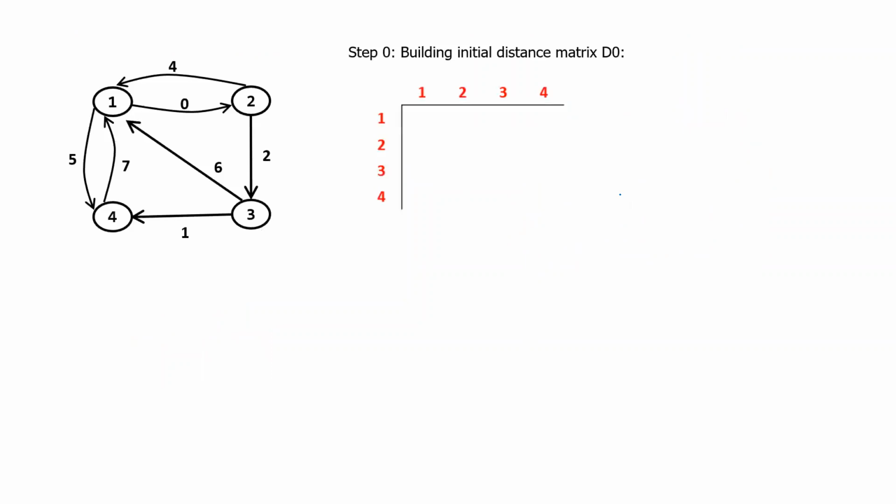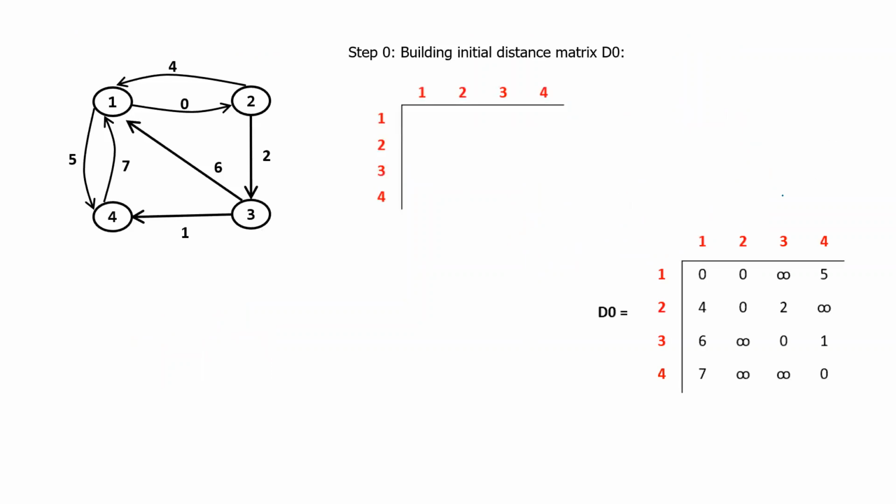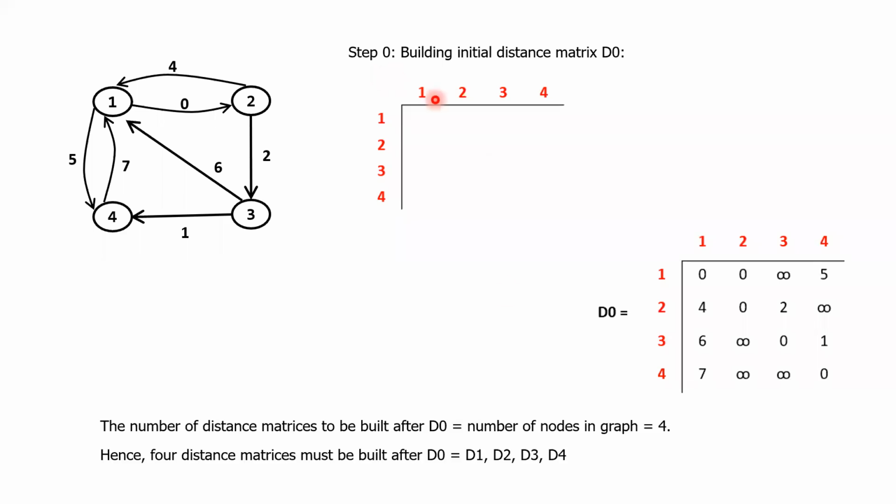Whatever I have filled up, this was the initial distance matrix I took, and D naught I formulated like this. This is your step number 0. Then we'll move on to step number 1, step number 2, and so on.